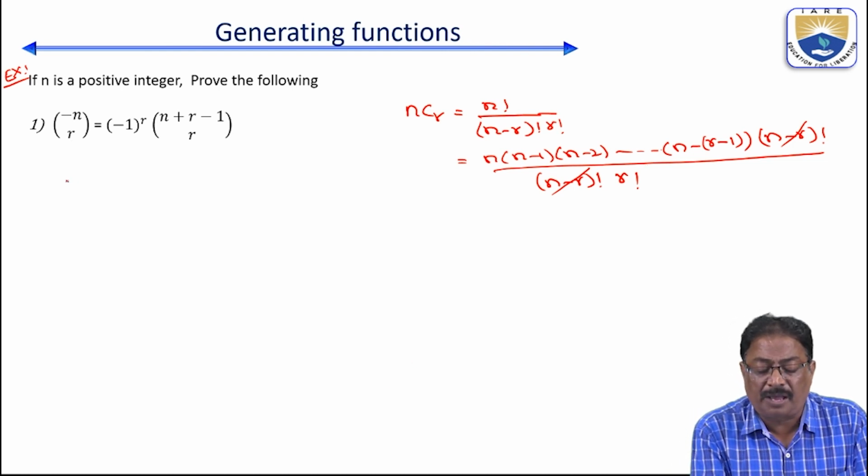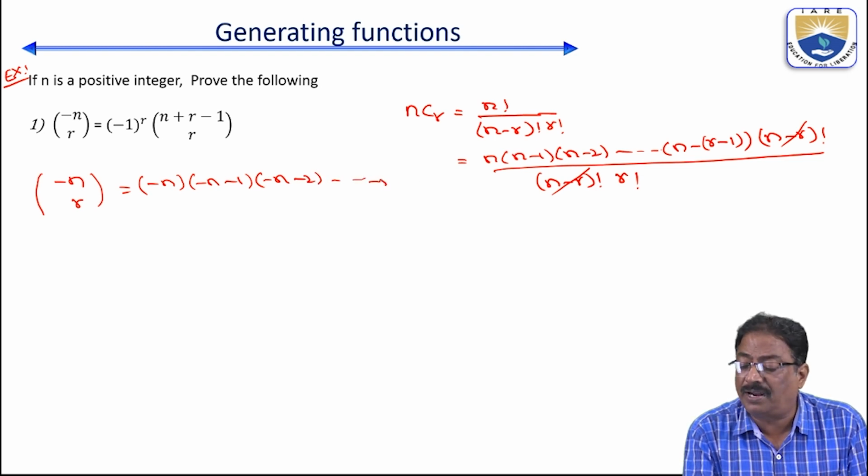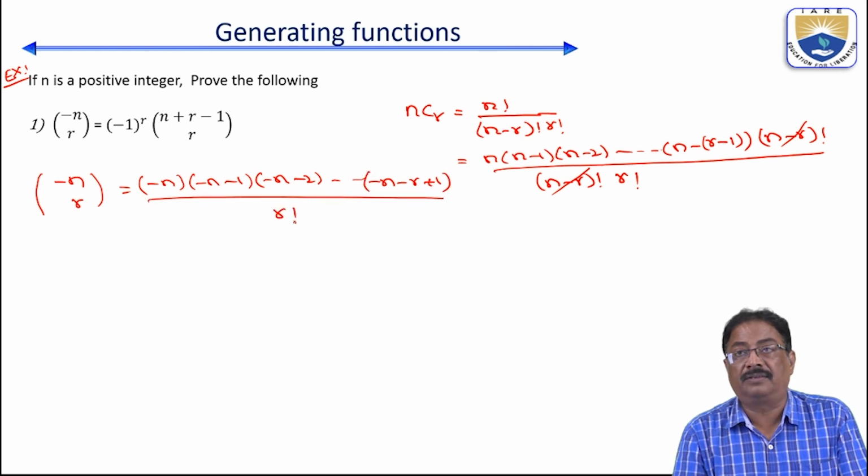So in this, minus n C r I have to calculate. So I am going to substitute, in the place of n, I am just taking minus n. So now it is minus n, minus n minus 1, minus n minus 2 and so on. The last one is minus n minus r plus 1, by r factorial.